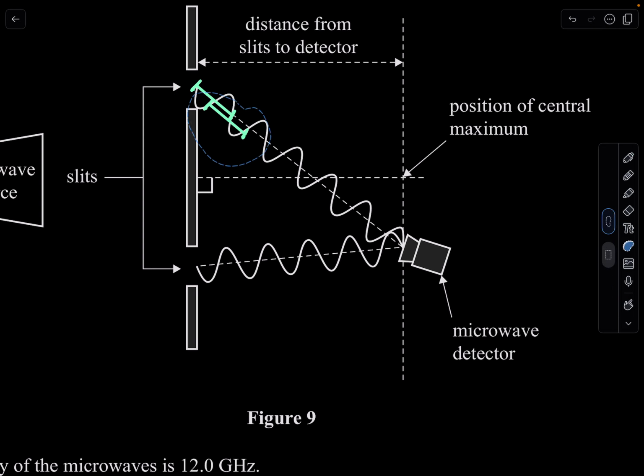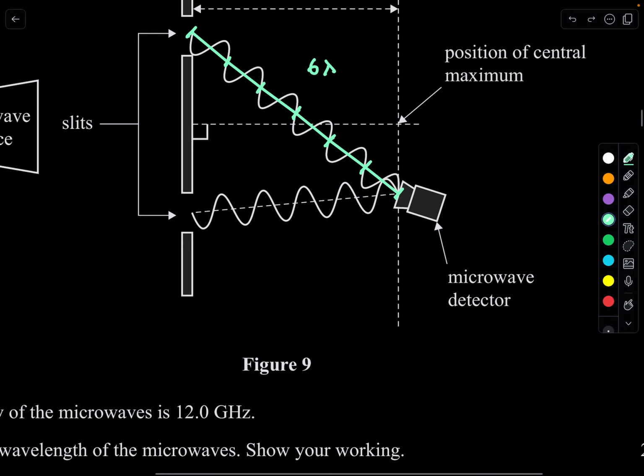So that's 1, another one here, 2, 3, 4, 5, and 6. So we have 6 wavelengths. That's the distance from that to that. We're also going to do it to here. From here to here, that's 1 wavelength.